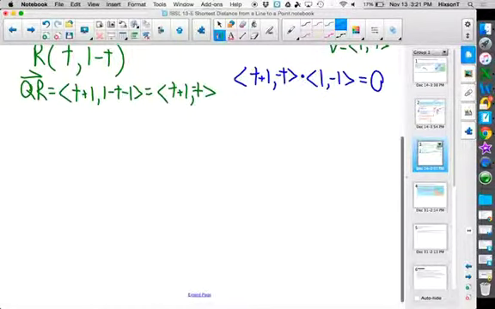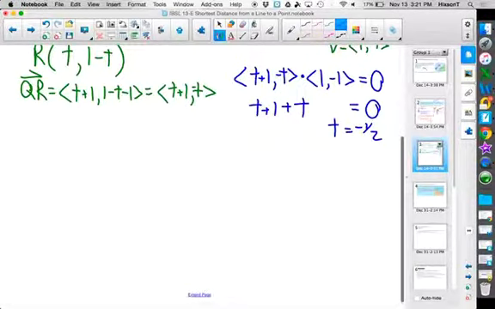All right, so we dot product. t plus 1 times 1 is t plus 1. Negative t times negative 1 is positive t. We want that to equal 0. We subtract 1, divide by 2, t equals -1/2.